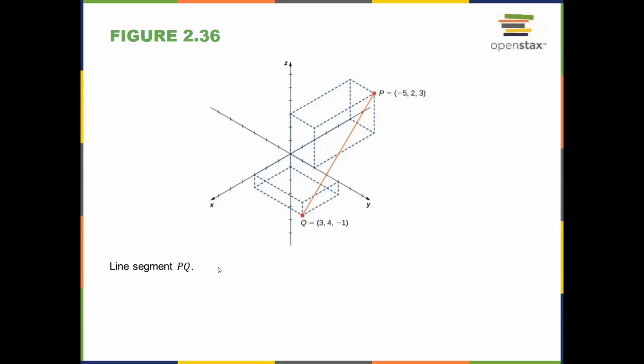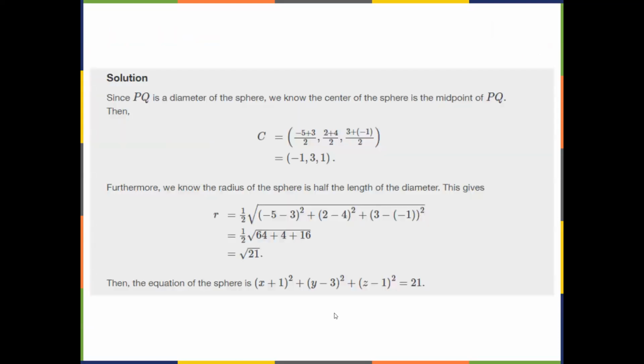All right, so line segment PQ. P is (-5, 2, 3), and Q is (3, 4, -1). I'm assuming we had to find something with it. Since PQ is a diameter of the sphere, we know that the center of the sphere is the midpoint of PQ.